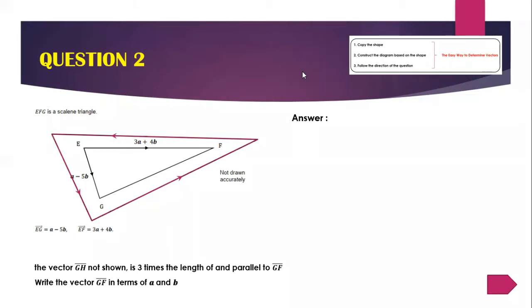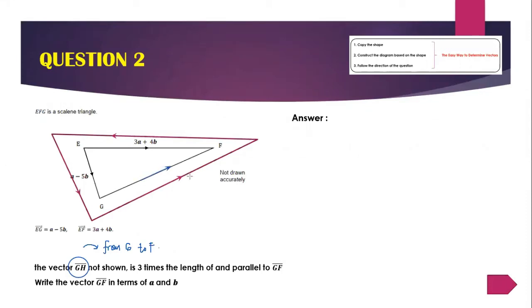Okay, the question is GF. GF means from G to F. Is it clear to you? So the direction is from G to F, right?